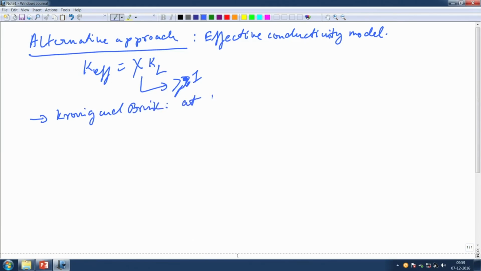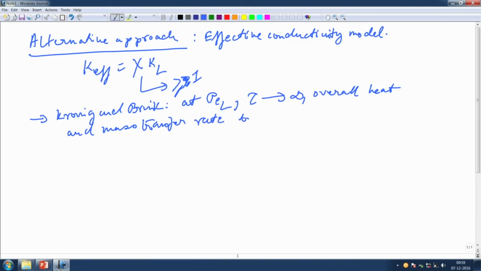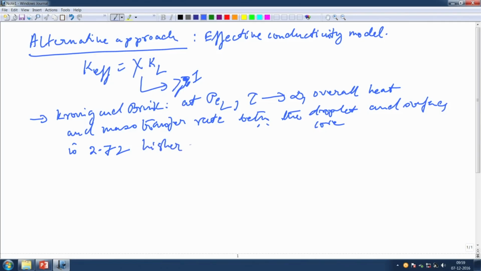They found that at high Peclet number, and at tau approaching infinity, that means at long time scales, the overall heat and mass transfer rate, and this is an important statement, between the droplet core and the surface is about 2.72 times higher than an equivalent solid sphere.